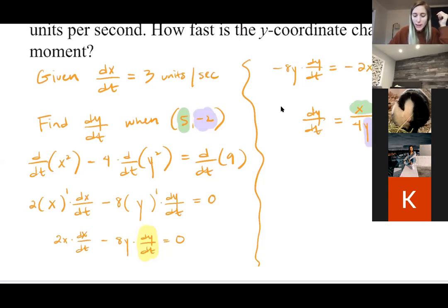And then we're given dx over dt, so we can plug in 3 for dx over dt.